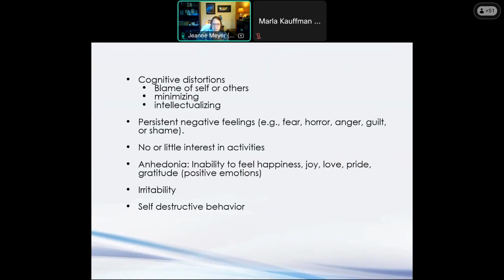Persistent negative feelings, little interest in activities, anhedonia, so not able to feel the positive emotions, irritability, and self-destructive behavior.